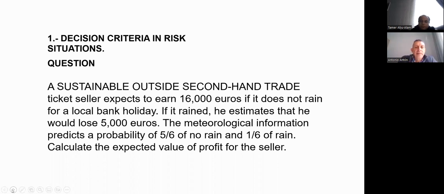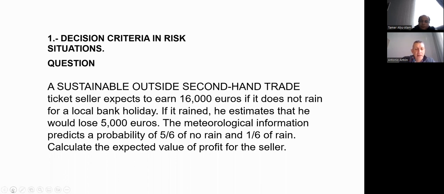So here is an example of a sustainable outside second-hand trade. In terms of circular economy, a sustainable outside second-hand trade, a ticket seller expects to earn 16 euros if it doesn't rain for one holiday. It's very normal here to have this second-hand trade in terms of circular economy, sustainable issues.